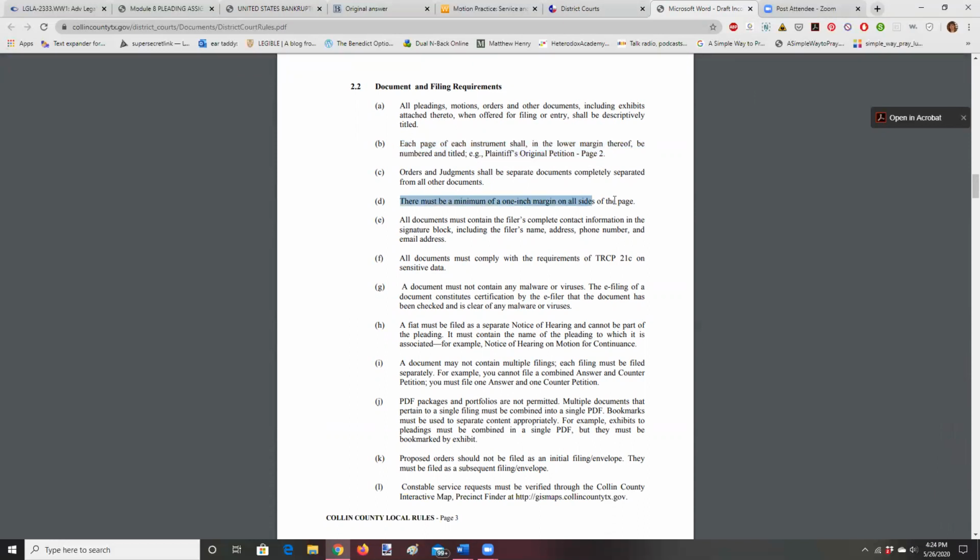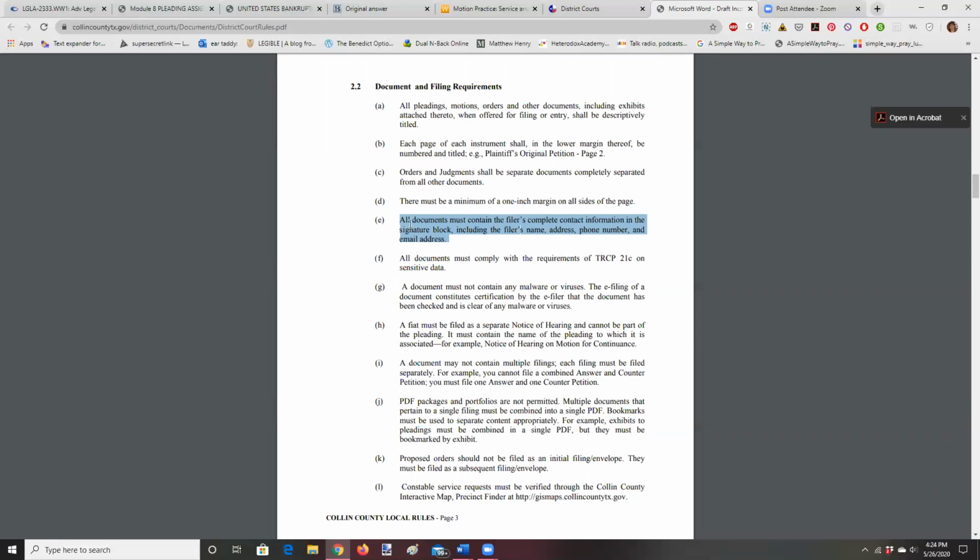We need to have a one inch margin all around the document. Then it tells us what we need in the signature block. Those are probably the most important things to look to.